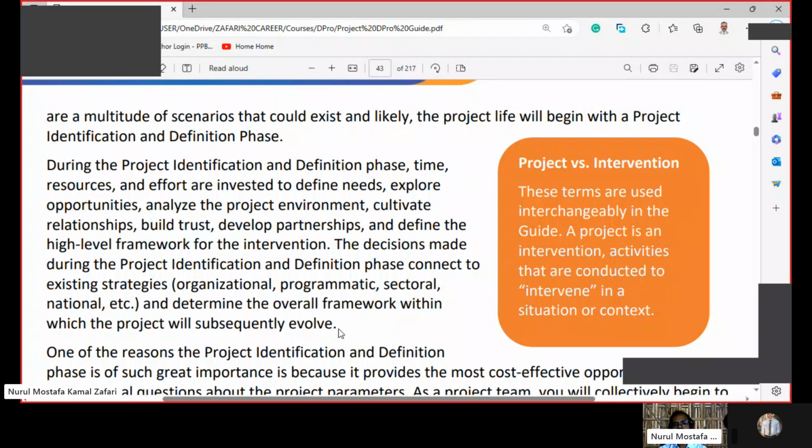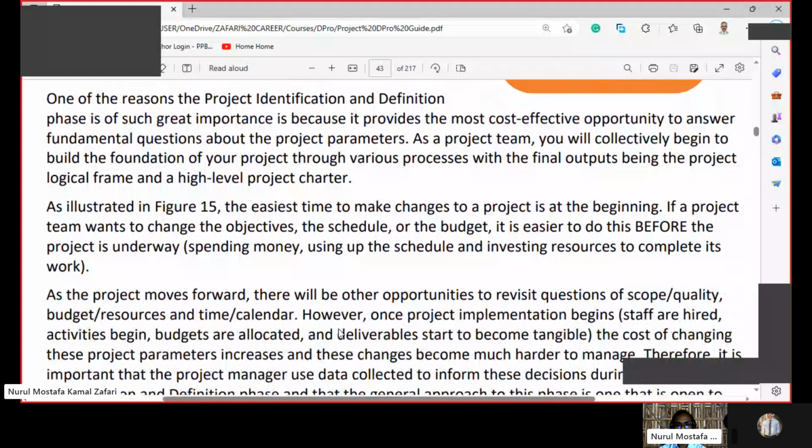One of the reasons the project identification and definition phase is of such great importance is because it provides the most effective opportunity to answer fundamental questions about the project parameters.